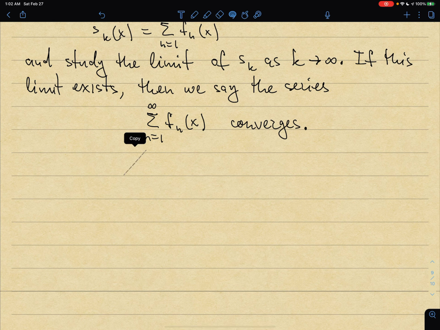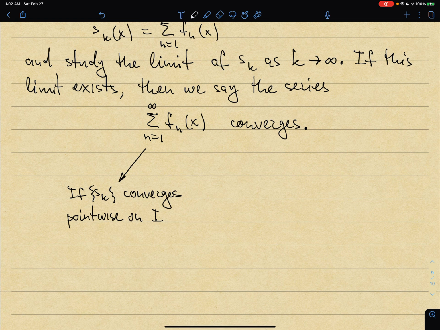Choice number one: if Sk converges pointwise on I, then we would say that the series sum n from 1 to infinity of fn of x also converges pointwise.